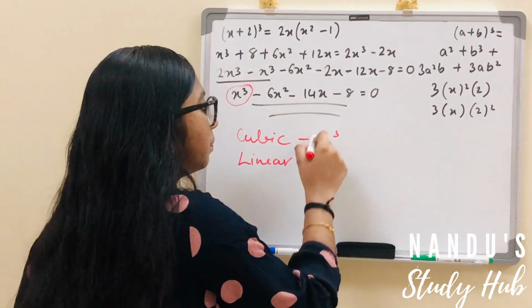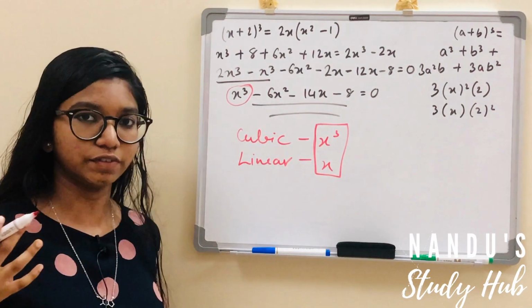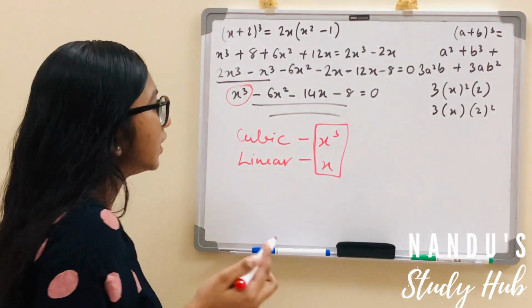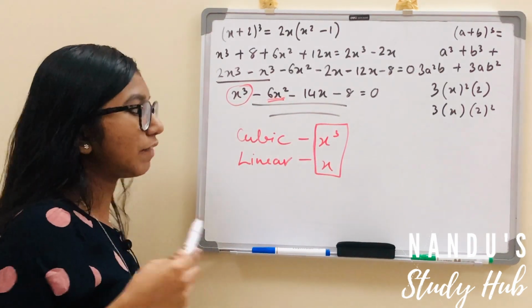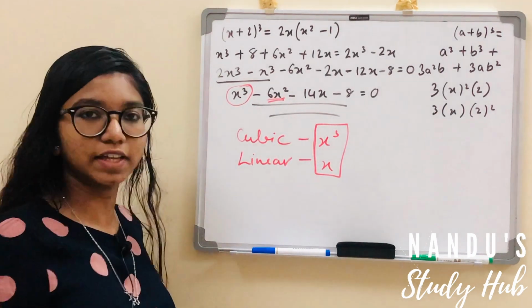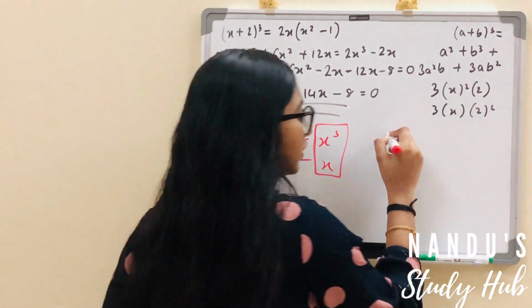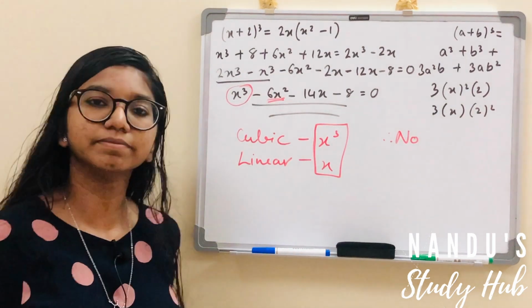So these are two areas you have to be careful about, whenever you get these kind of checking questions, check whether the following are quadratic or not. So only if you have an x square in your term, you have to write yes, it is a quadratic equation. So here we have an x cube, so we write no. So therefore no, it's not a quadratic equation.